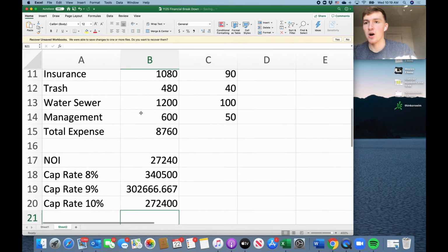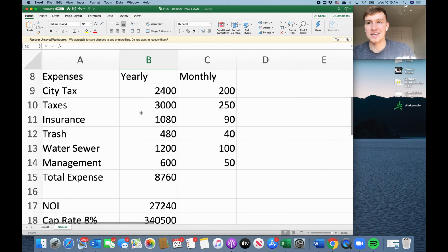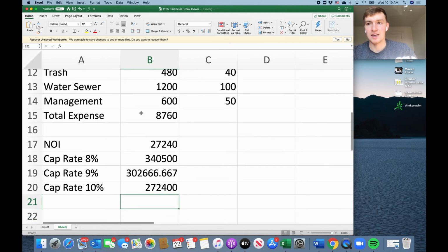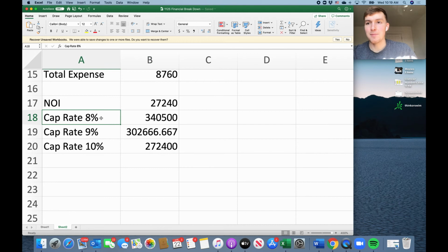Now, you're going to want to look at your market. So now that you kind of know how you can figure out these numbers, you're going to want to look at your market and see what multi-units are selling for, at what cap rate, in your area. I happen to live in a decent area, and depending on the county, it could be anywhere from 8% to 15%. We have areas about 30 miles away from me that are at a 15% cap rate.